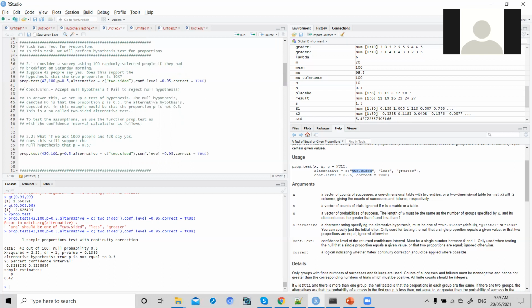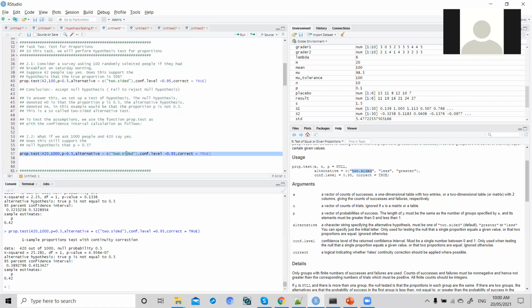Your population is 1000 and p is 0.5, and you do a two tail test. So here your p value is this much. What does this mean?